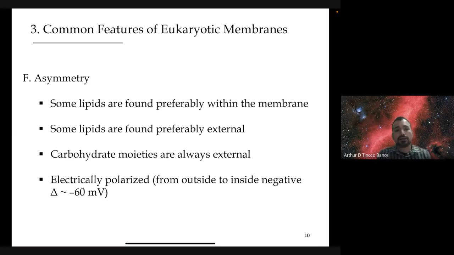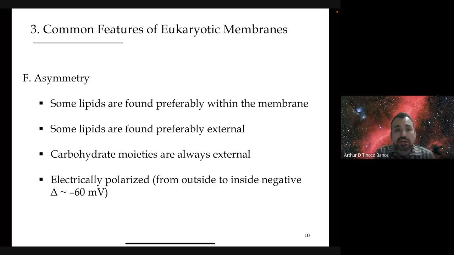Another big feature of the membranes is their asymmetry. Some lipids are found preferably within the membrane, some are found preferably external. As a consequence of that, you will typically find the carbohydrate component of these moieties located externally. Another really big one, and that can really dictate movement of things through the membranes, is that they are electrically polarized.